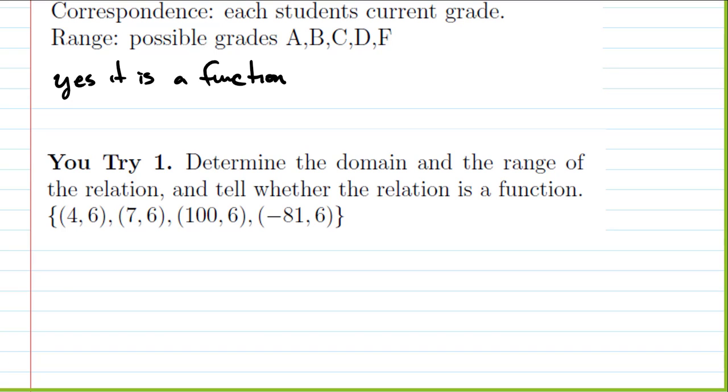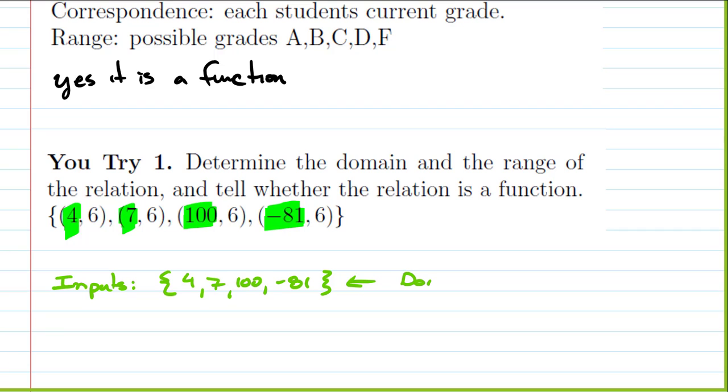All right, so let's find our inputs first. So our inputs are our first coordinate, so usually x, and we would have 4, 7, 100, and negative 81. And our inputs are also going to be our domain. And then we have our corresponding outputs.